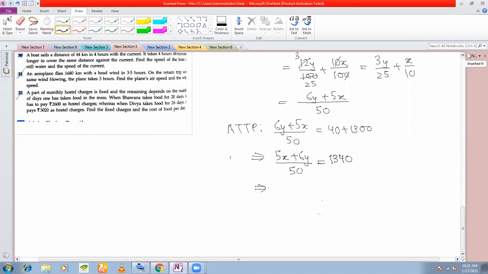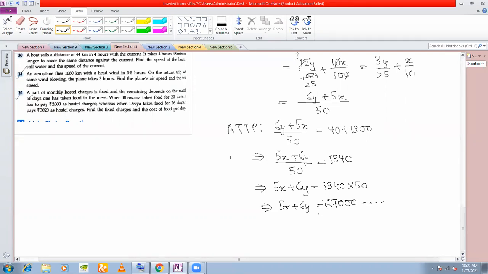That means 5X plus 6Y must be equal to 1340 into 50, which is 67,000. Okay, so this is your second equation.